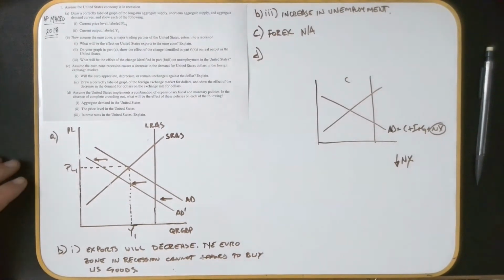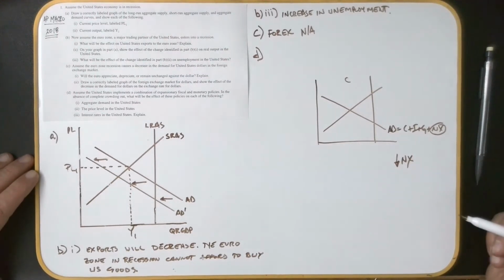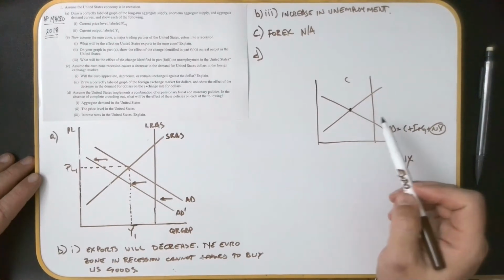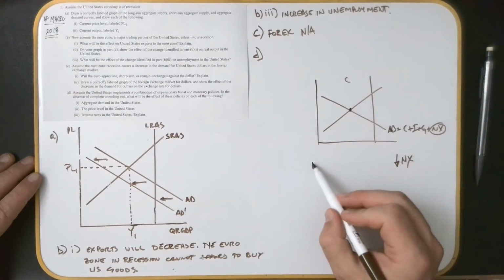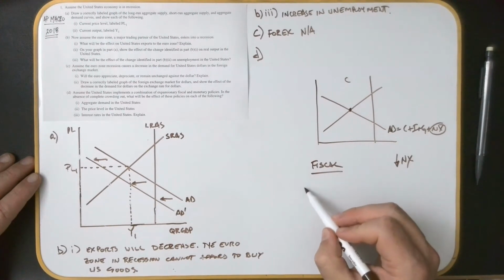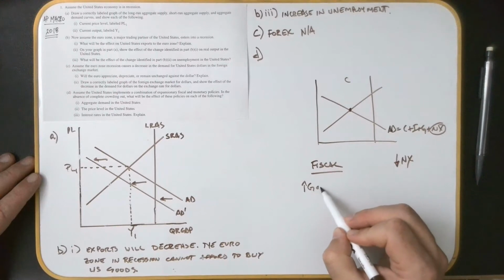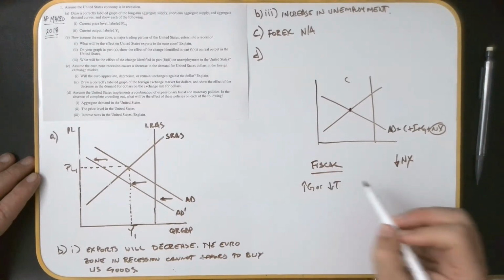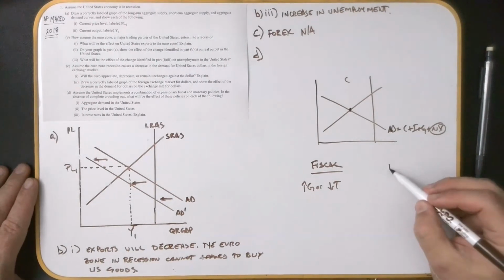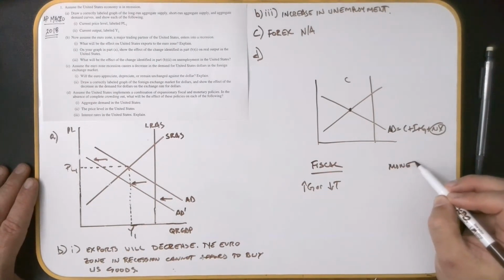D says, assume the U.S. implements a combination of expansionary fiscal and monetary. So this is a really good little question here. We're in a recession, so we need to fix it. We could fix it with fiscal policy: we could increase some government spending, or we could decrease some taxes. And then you could say, we're in a recession, we'll let the Fed take care of this.